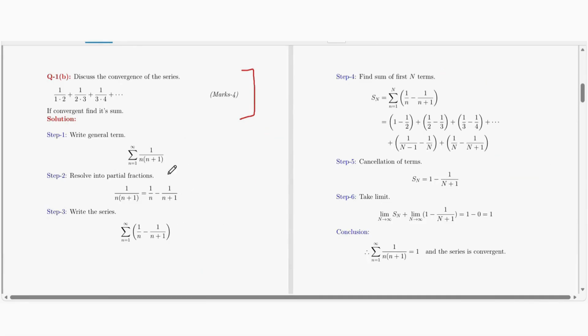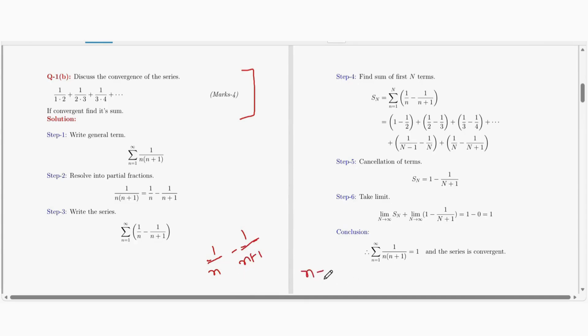First of all, this is the general form of the series. Okay. Now resolve into partial fractions. Can we write this one in this way? Say yes or no. So what is the value of this? Let's see. 1 upon n minus 1 upon n plus 1. Okay. Now take the LCM here. So what we get?